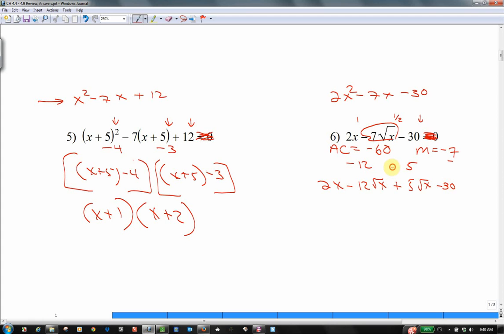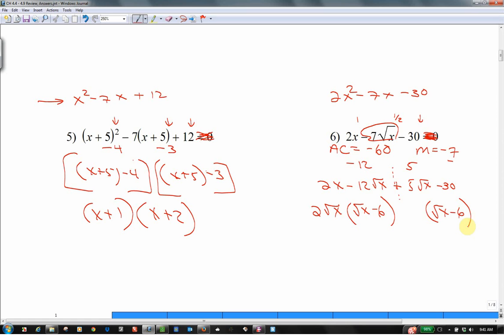We're going to group it. And now then what I can pull out on the front one is a 2 times the square root of x. And what that's going to leave me with is the square root of x minus 6. So over here on the other side, I need to have the square root of x minus 6.